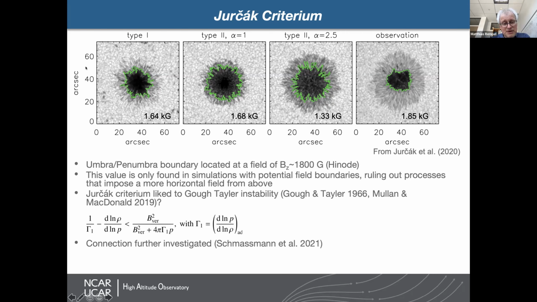All the three panels on the right are sunspot simulations, evaluating this value. The two on the left are models which have a potential field, which gets something still a little bit short of the 1.8 kilogauss, but somewhat close. But if you artificially make the field more horizontal, you have at the penumbra boundary a field strength which is significantly lower and not consistent with observations. So the Sun doesn't seem to play this trick.